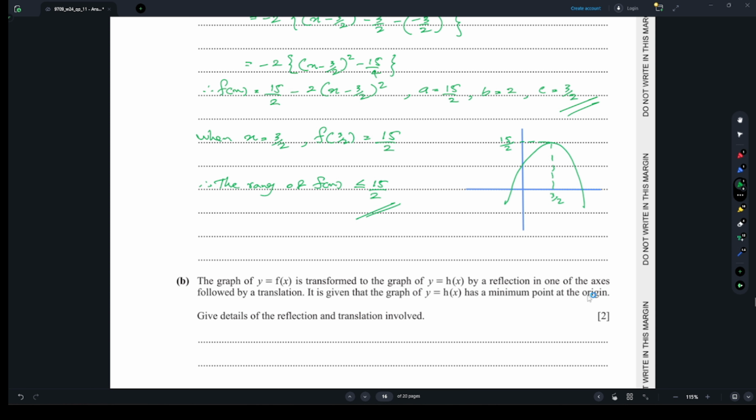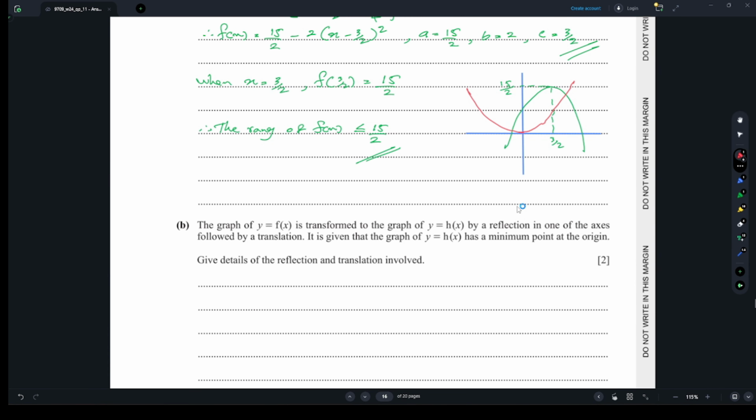So now when you take this reflection and translation, the minimum point of this graph is here. So now the graph is something like this. So what happened? Previously we had a graph with a maximum, and now we have a minimum.